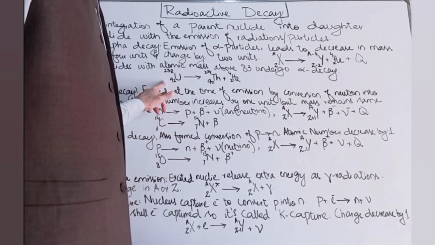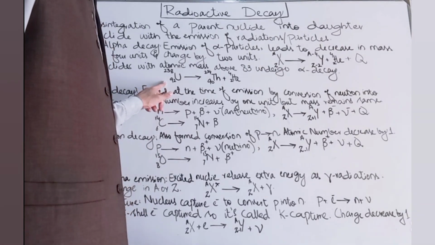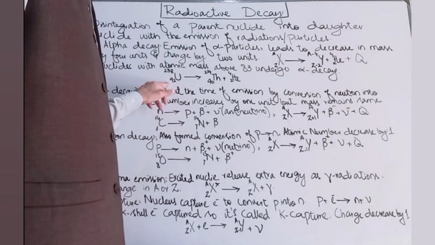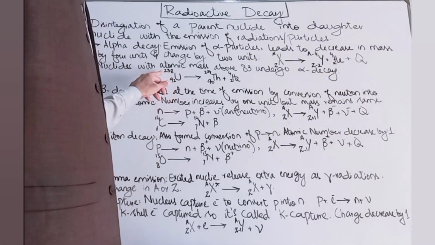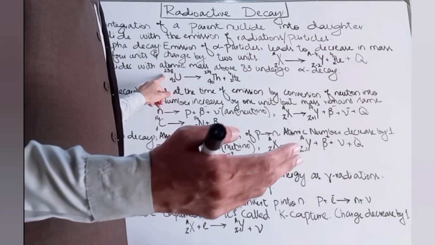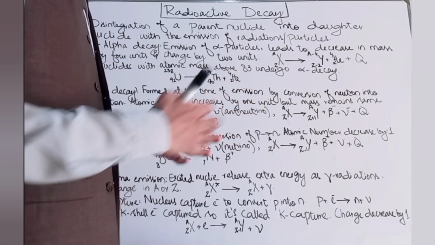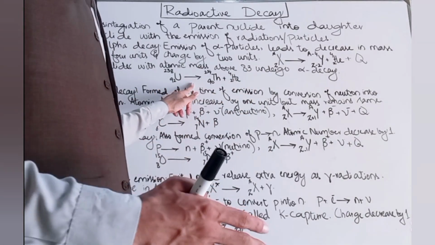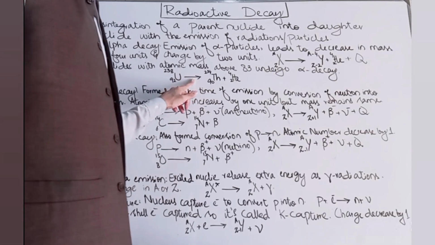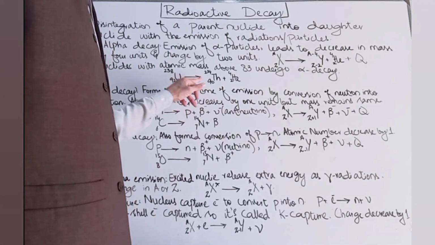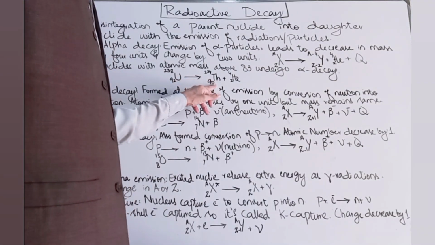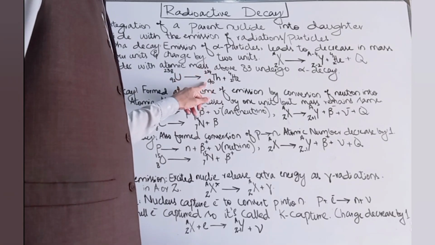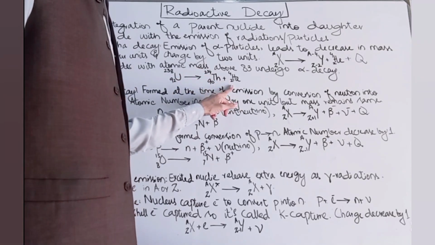The example given here is uranium 92-238. Its atomic number is 92 and the mass number is quite large, and in order to gain stability by decreasing the mass number, it undergoes alpha decay, and as a result of the alpha decay, thorium 90-234 is produced with the release of alpha particles.